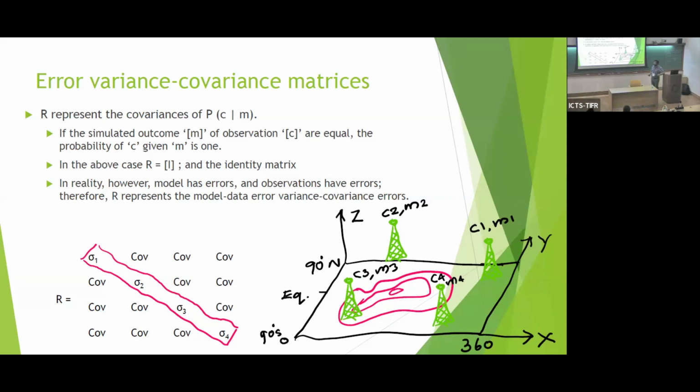Then what is the next column? You change your x a little bit, run it again, and collect your model output at these locations. That's your second column. That's how you made up G. What does G stand for? The response of this observation with respect to an implied change in this, that is dou J by dou X. The change in X, how much it reflects in these towers.